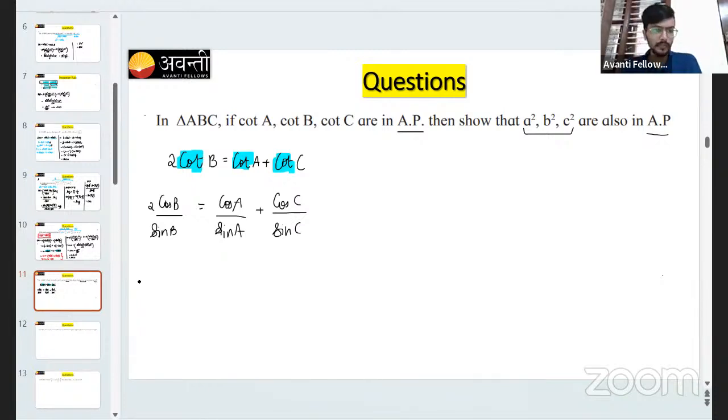So if I use cosine rule here, what is cos B? A square plus C square minus B square upon 2AC, upon what is sin B?